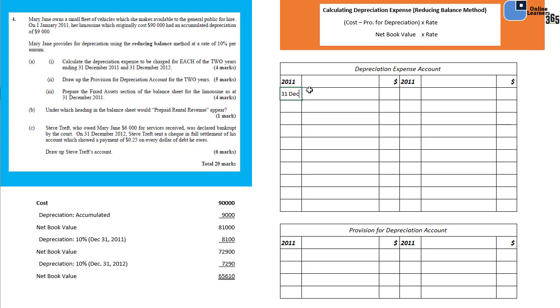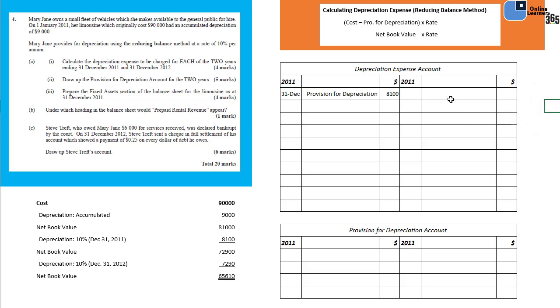We usually debit the depreciation expense and credit the provision for depreciation account. Now, because we're looking at 2011, the figure that we would use would be 8,100.